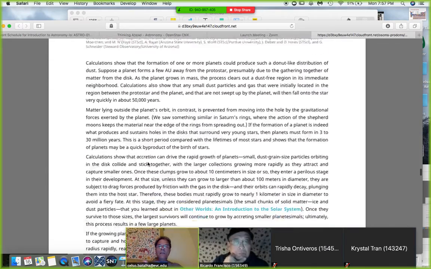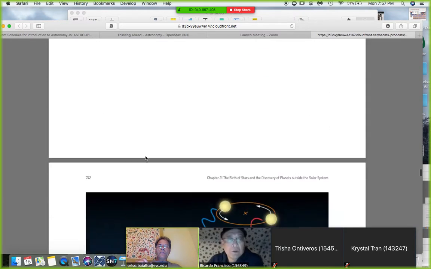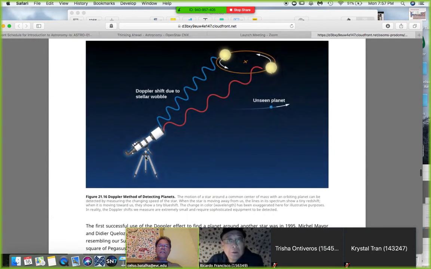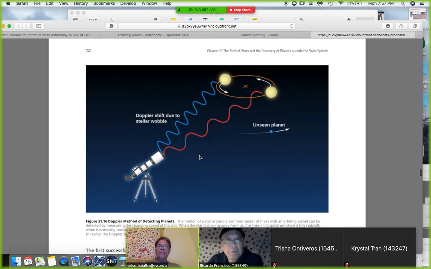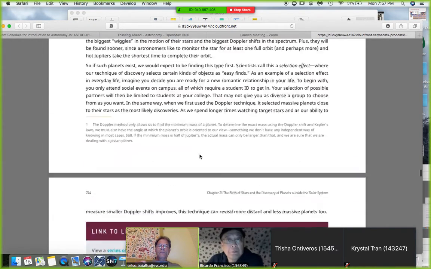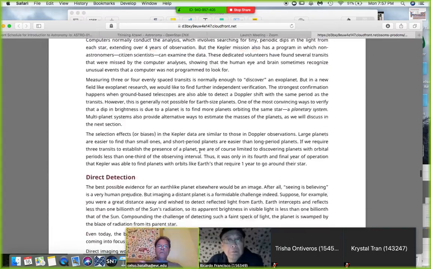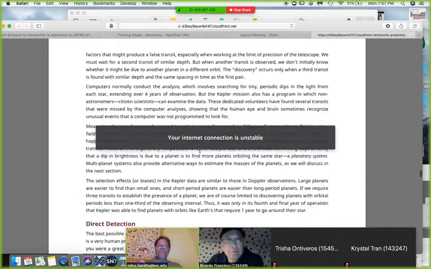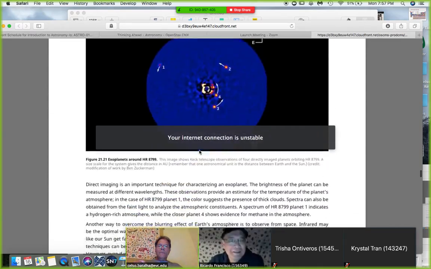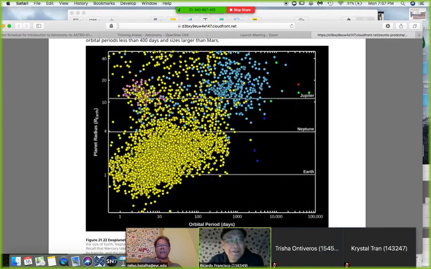So basically, if we jump further down here, that's the Doppler effect technique. And that is Kepler. And that is what Kepler found.